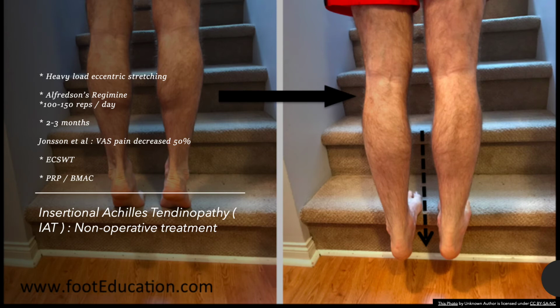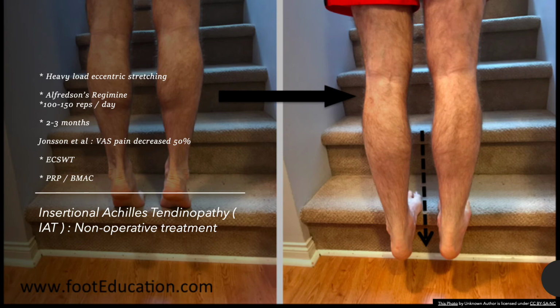So what's pictured here is a little bit different from Alfredson's regimen, or the way that I have patients stretch. This is more of a generic heavy load eccentric stretch in my opinion. So in my patients, I have them go up on their tippy toes, but on the way down, they lift the asymptomatic foot up. If they do have the disease bilaterally, they can certainly do this bilaterally as the heel goes down towards the floor, but if it's unilateral, I have them pick the asymptomatic side up as they go down.